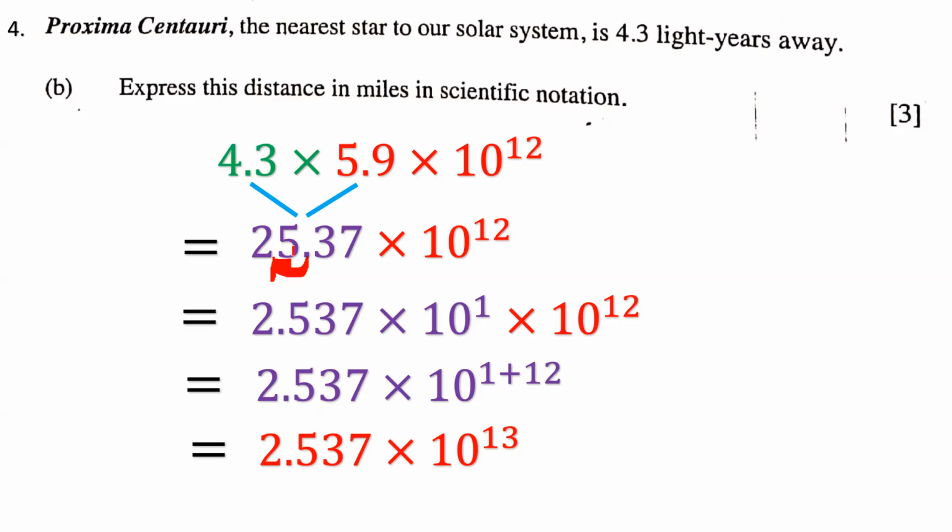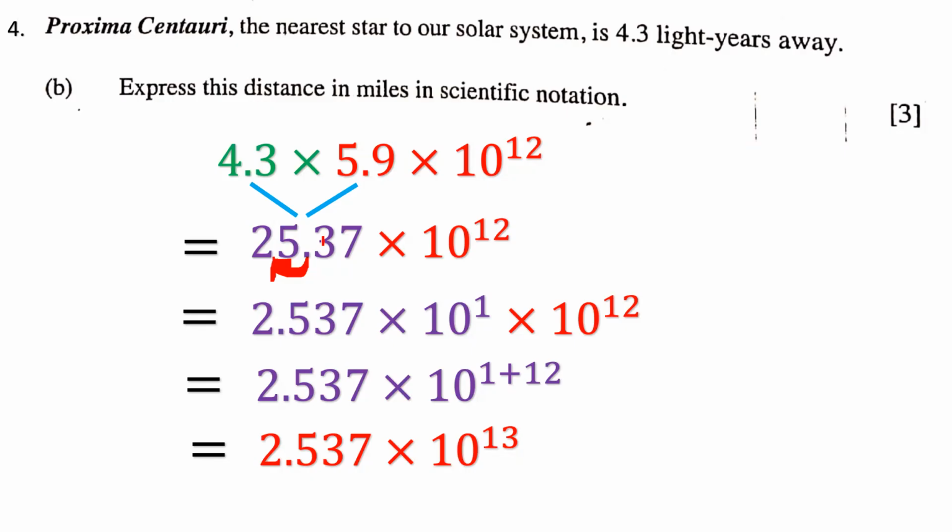So this number right here has to be greater than or equal to 1, but less than 10. That's why 25.37 could not work, because the number that we are multiplying by 10, the base, times 10 to the power of 12, has to be greater than or equal to 1, but less than 10. I know I said 0 at the beginning, but it's actually 1.